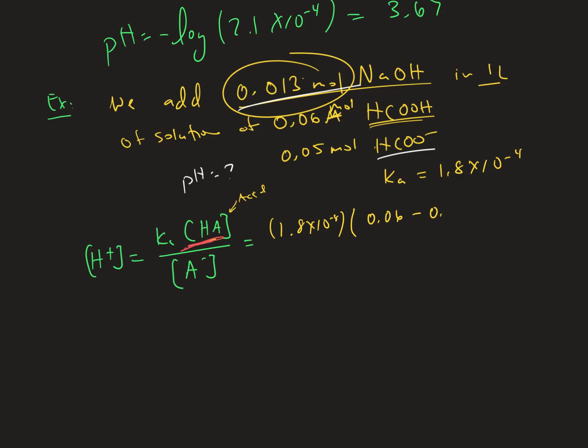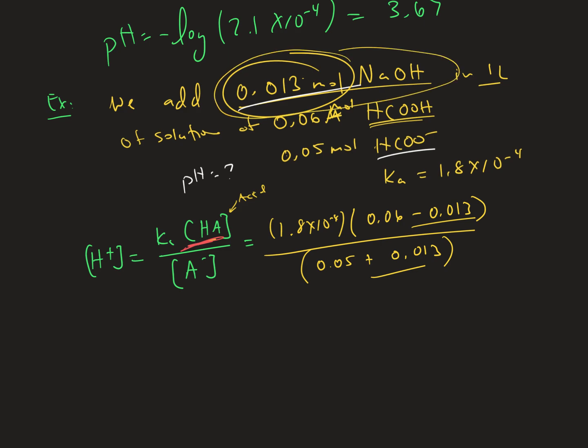So 0.06 minus 0.013, and then I'm going to divide that by 0.05 plus 0.013. So I subtracted here and added here, so really, I don't know if that makes sense to everybody. Yay? Nay? This is just the strong base.